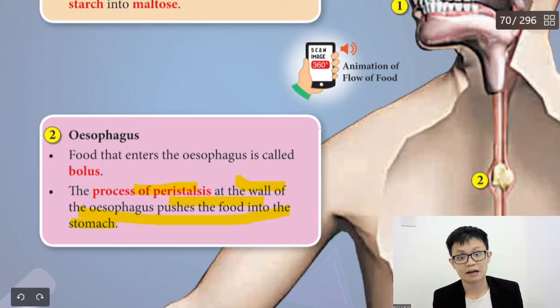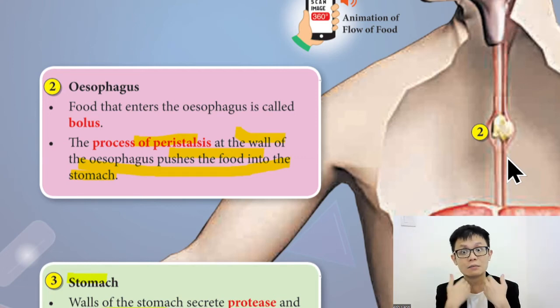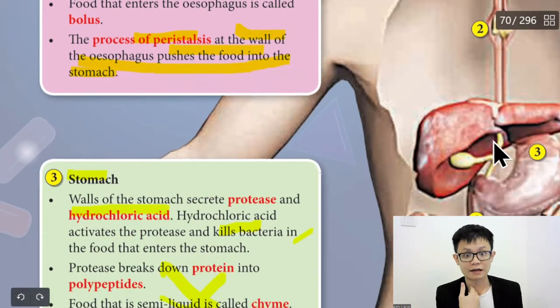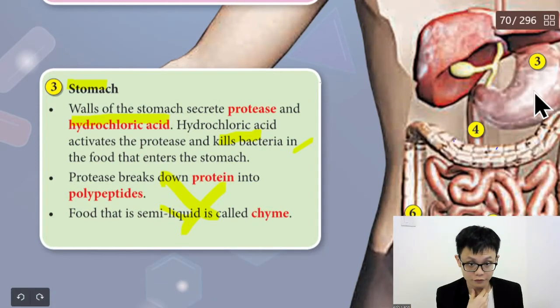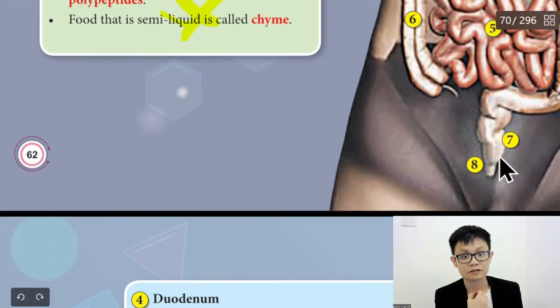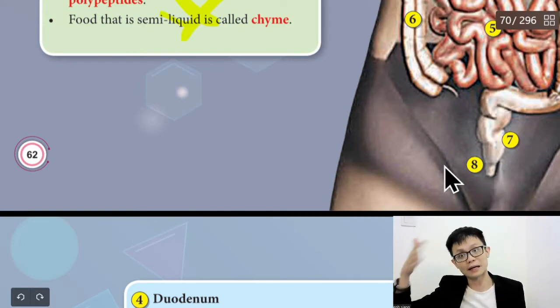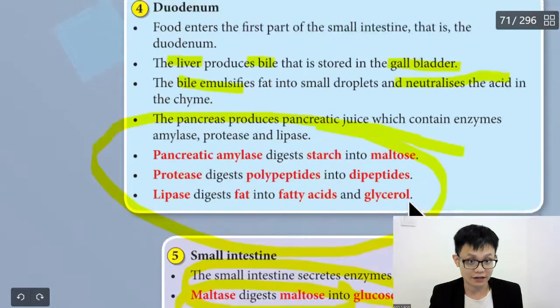Then the esophagus helps with peristalsis to push down the bolus of food. We have the stomach to store food, the intestine to absorb nutrients, and the rectum for storage and absorption of water, and then the anus controls release. Correct or not? So each part has a different function.